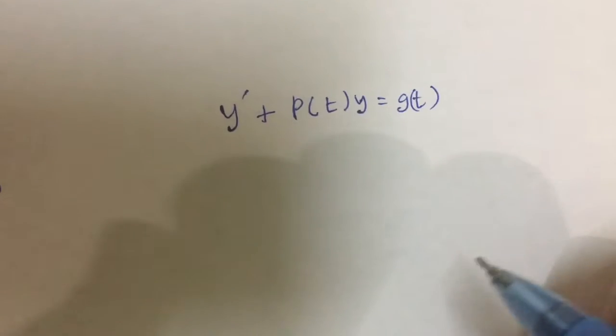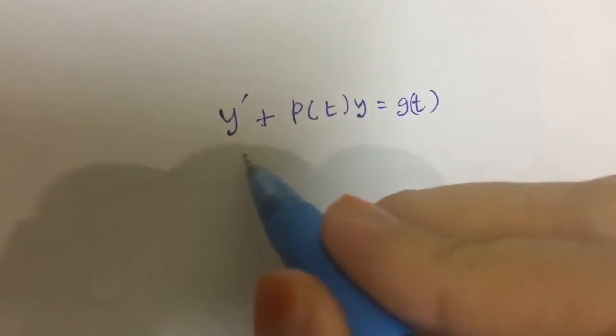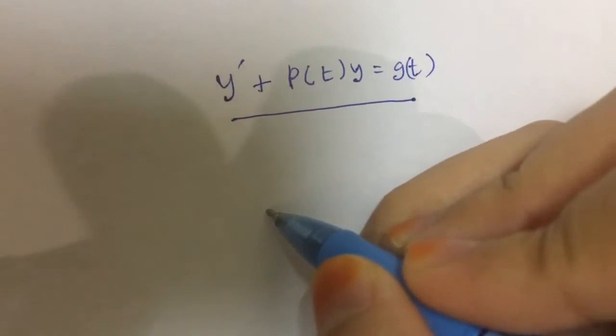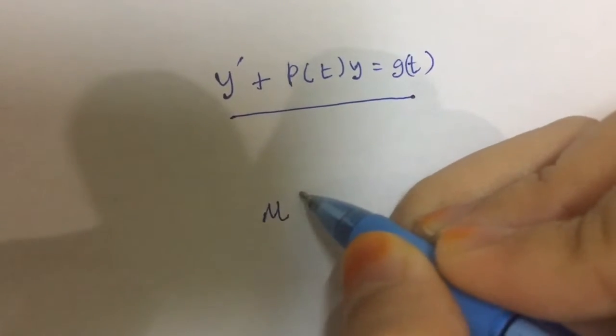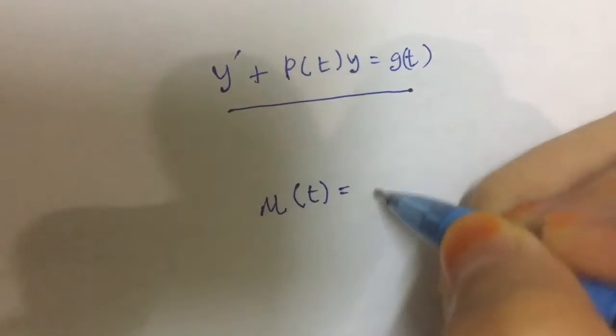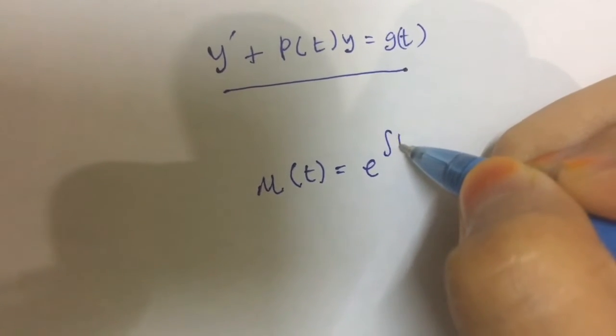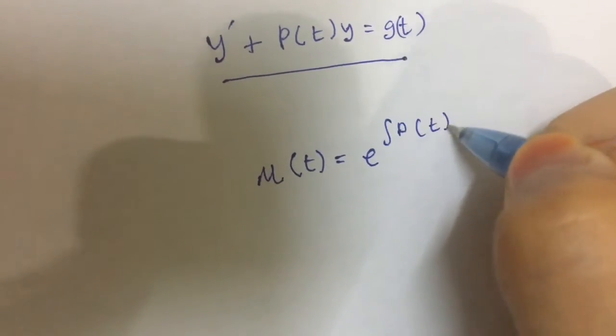When we make sure the equation is in the standard form like this, we can find the integrating factor by the function mu(t) equal to e to the power of the integral of p(t) dt.